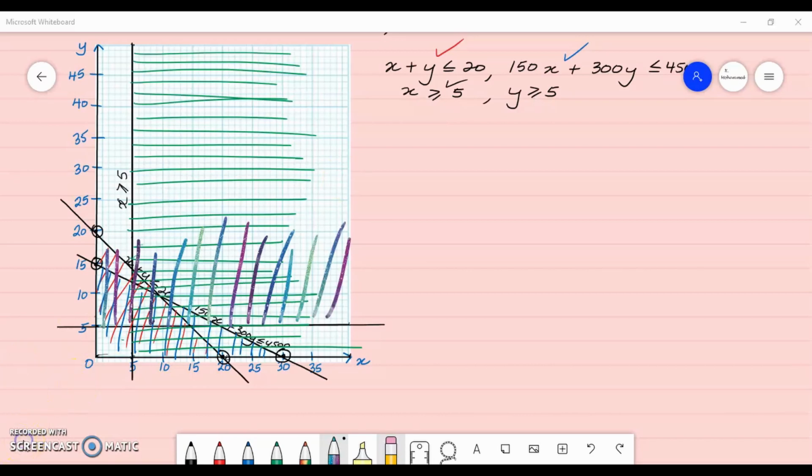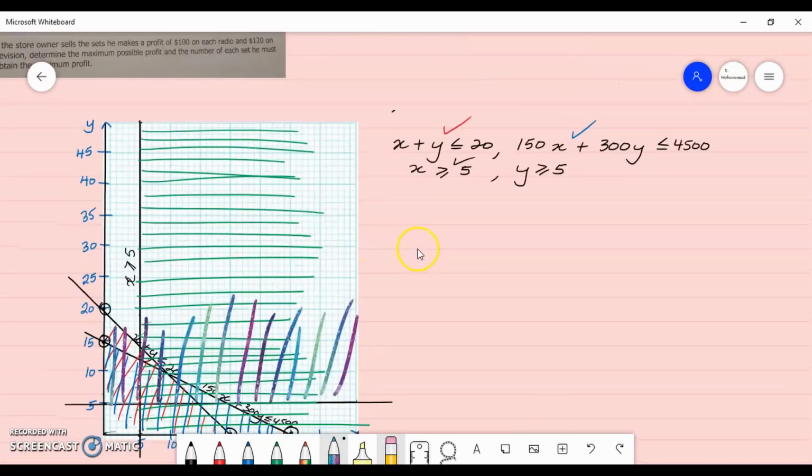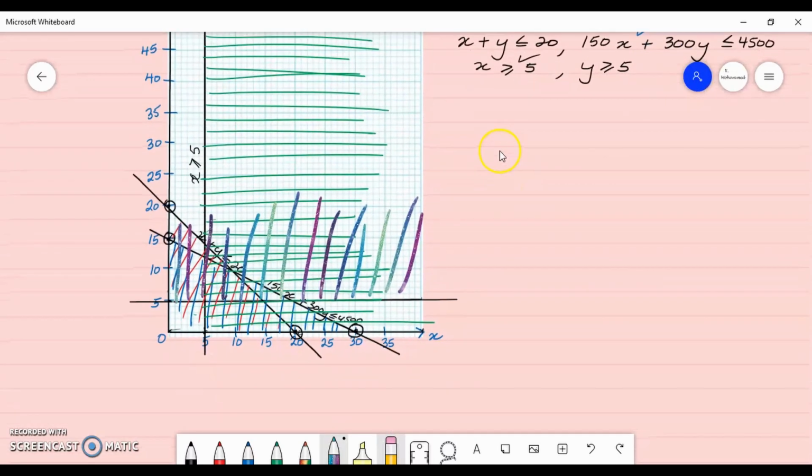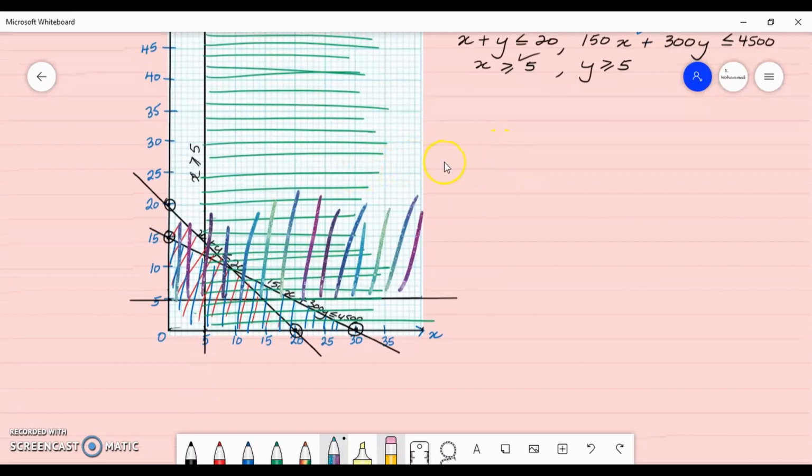Now, my graph looks a bit complicated, but don't worry about that. Let's refer to the question, part 2, which is to graph the system of inequalities, and we have just done that, and shade the solution set. So now we are going to shade the solution set. Now the solution set is that part of your graph where you are seeing all of the colors.